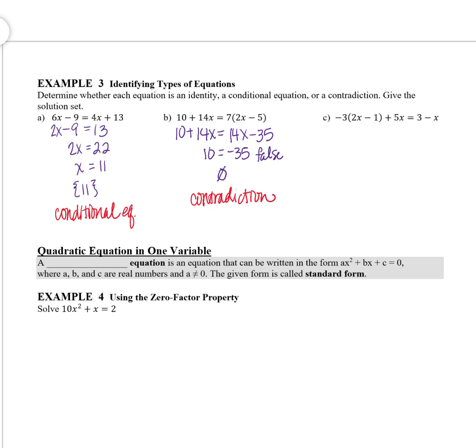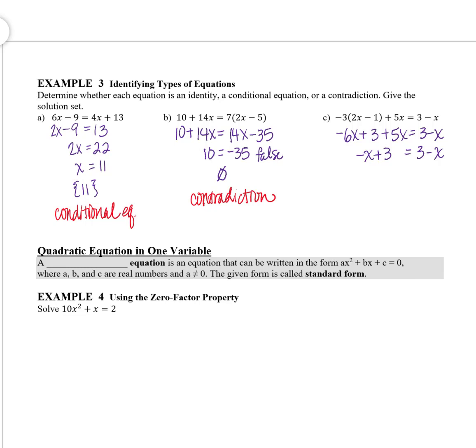And then part C, let's solve for x by distributing the negative 3 and then combine like terms. And you can see that both sides have exactly the same expression.